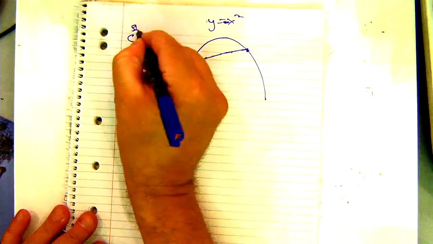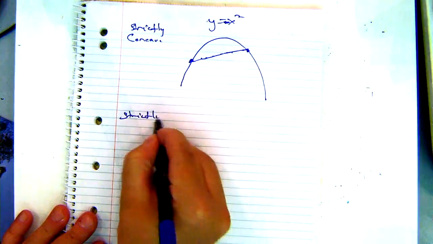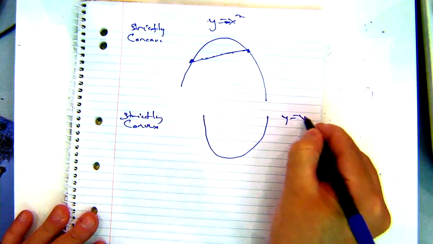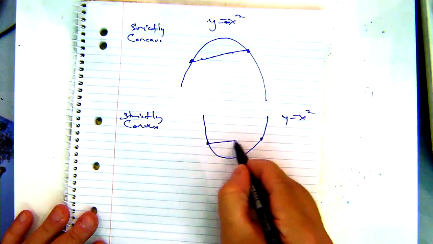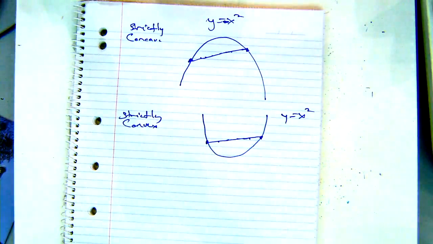So that makes it a strictly concave function. Conversely, a strictly convex function is something like y equals x squared, the parabola. You take any 2 points on that function, draw a straight line between them, all the points in between lie strictly above the function. So that's what we mean by strictly convex, strictly concave.